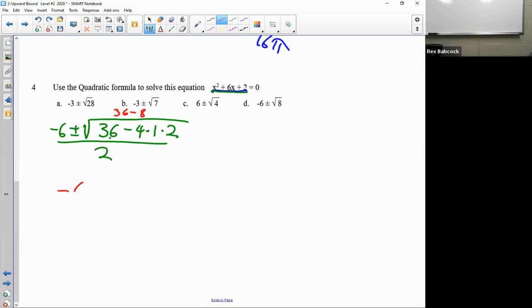So I have negative 6 plus or minus the square root of 28 over 2, and that's none of the answers. Oh, we can take a 2 out. Take a 2 out, negative 3. So those two are out. And that would be 7. It is this right here.